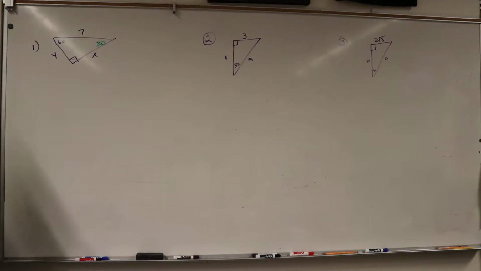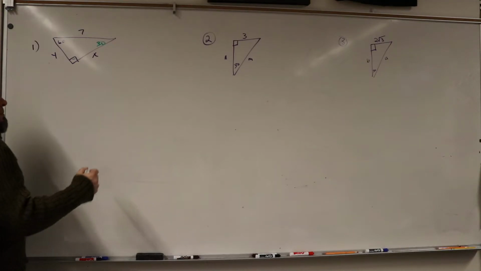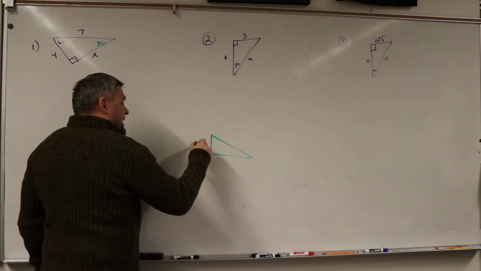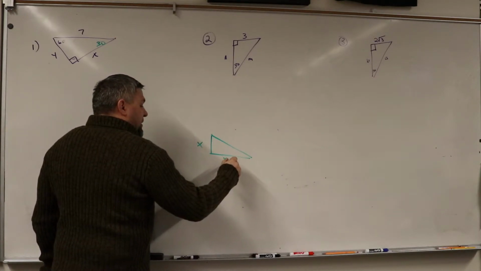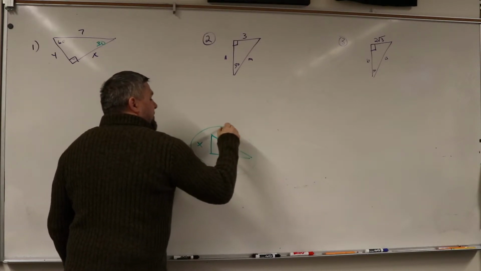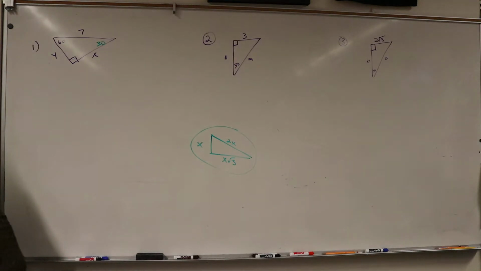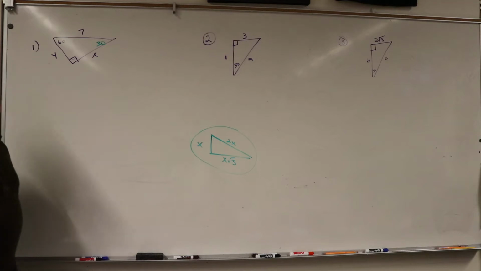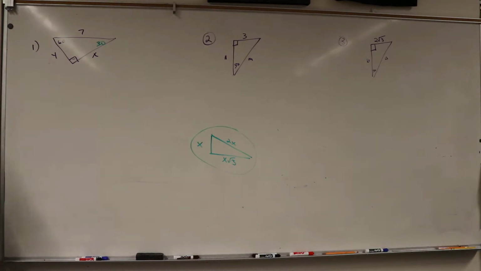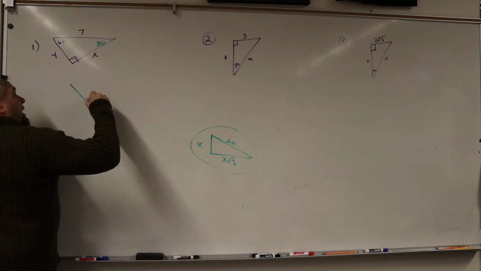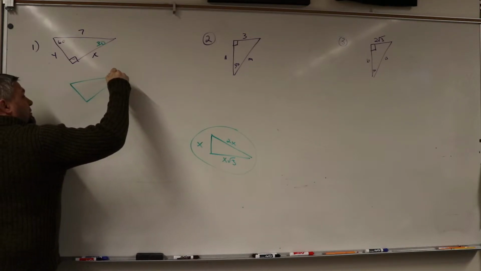Once we know it's a 30, 60, 90 triangle, remember our base triangle for 30, 60, 90 was x, x square root 3, and 2x. This needs to be in your cheat sheet, right, Dakota? Okay. And then what you do is you rewrite it here the way that it's written, right?